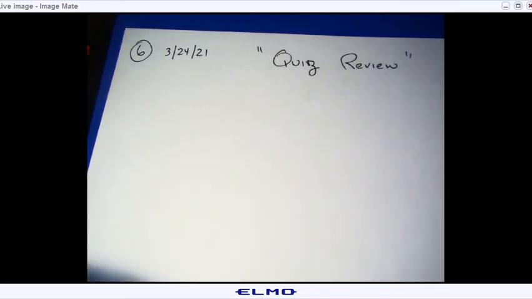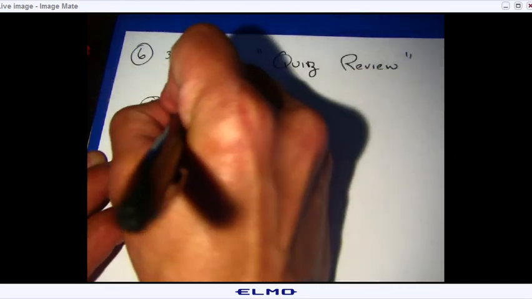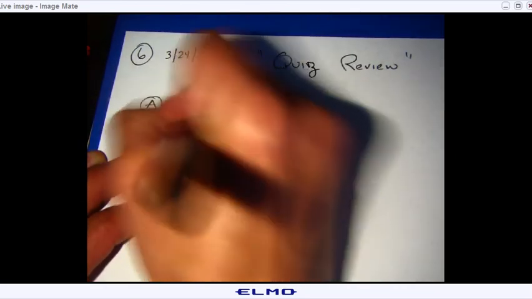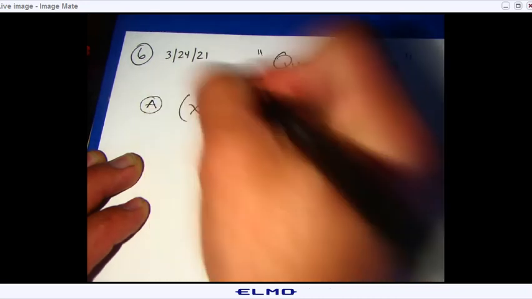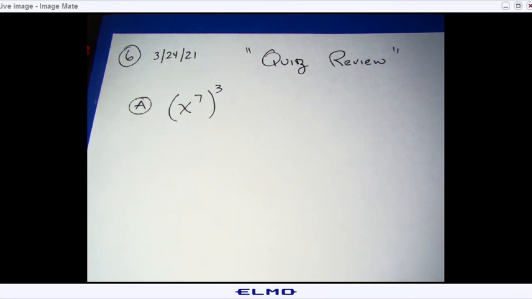Here we go. Number one, we'll do A. Try that one. X to the power 7 raised to the third. All right, try that. I'll give you a couple of seconds.